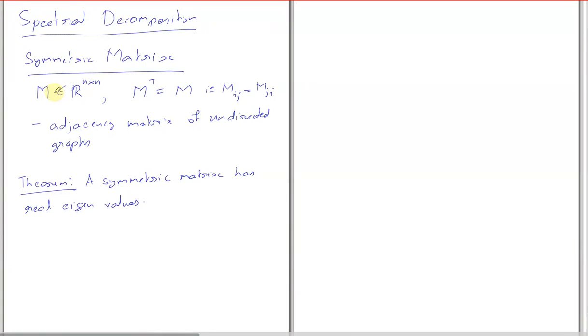There are polynomials like x squared plus x plus 1 which don't factorize into real roots. But a polynomial always factorizes into complex roots, and the complex roots of the characteristic polynomial are the eigenvalues. So eigenvalues in general need not be real, even if the matrix is real. But the interesting thing about a symmetric matrix is that its eigenvalues are always real.